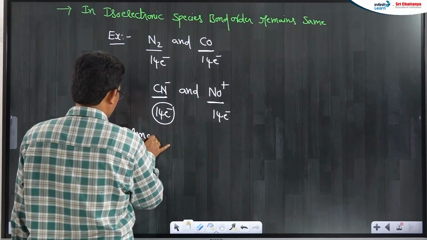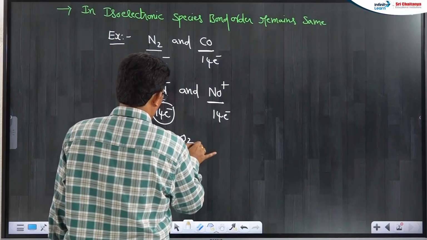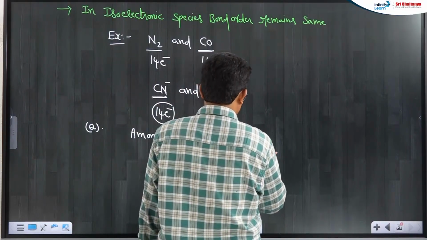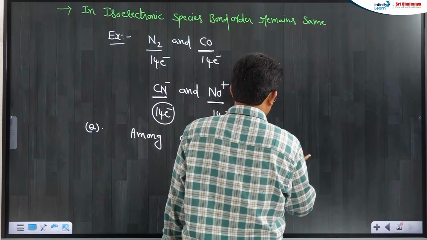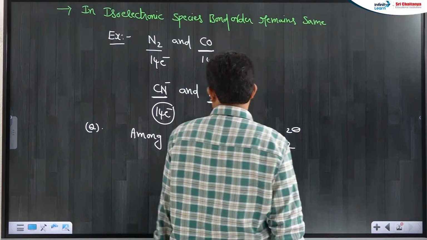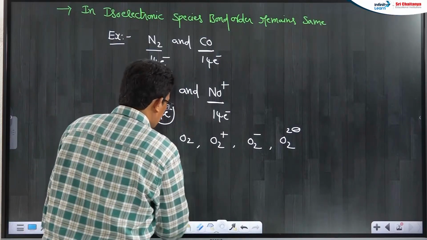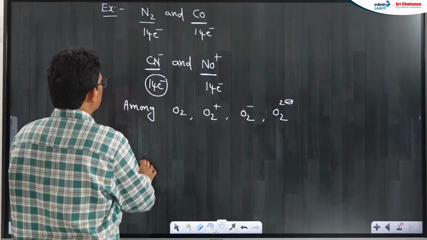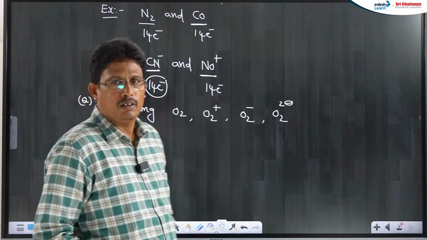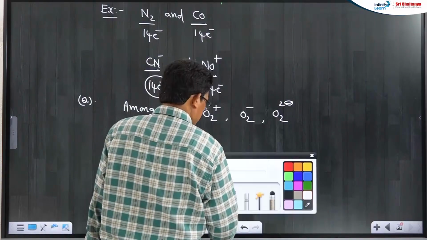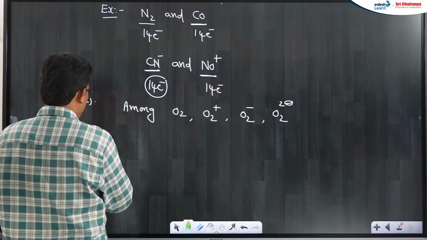Among the O2 molecule, O2 plus ion, O2 minus ion and O2 2 minus, write the order of bond order, either increasing or decreasing.